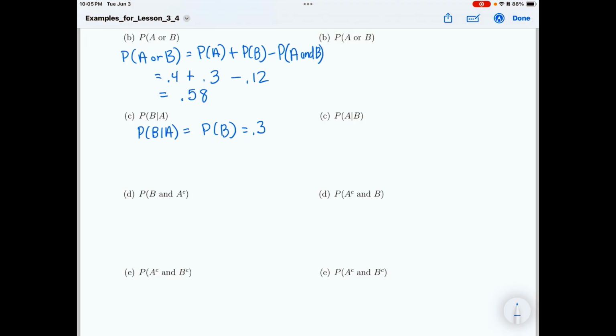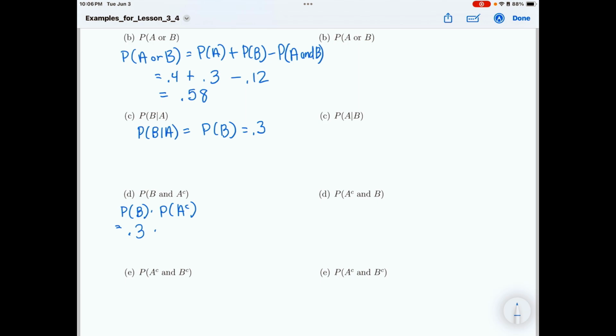Now let's find the probability of B and A complement, which means not A. So we can do this using our formula, the probability of B times the probability of A complement, where we use the multiplication rule. So the probability of B is 0.3.